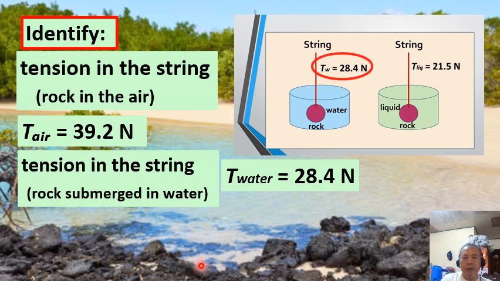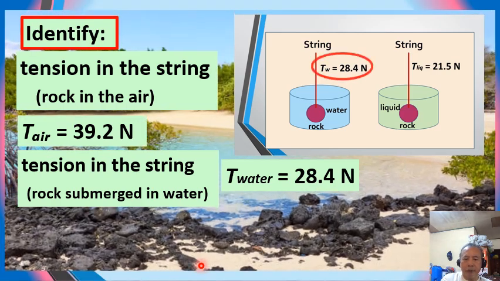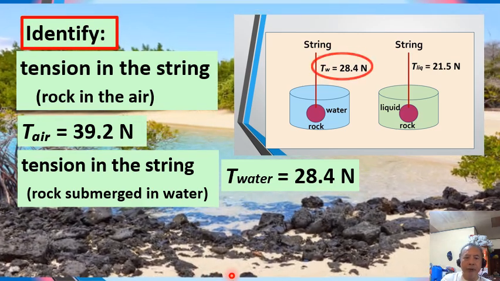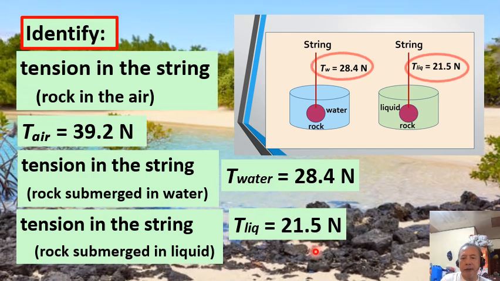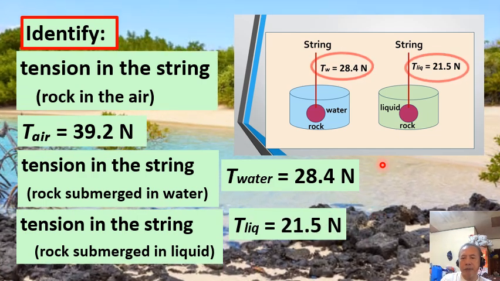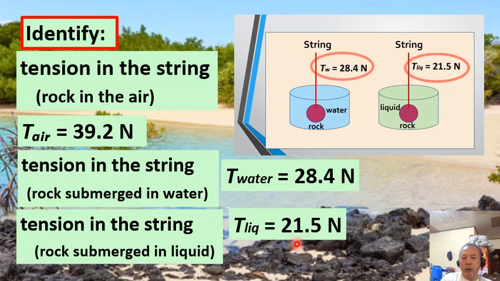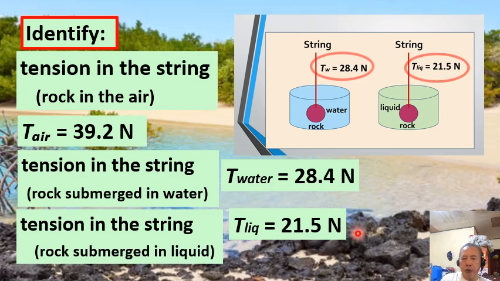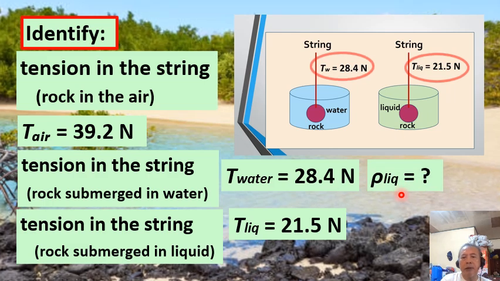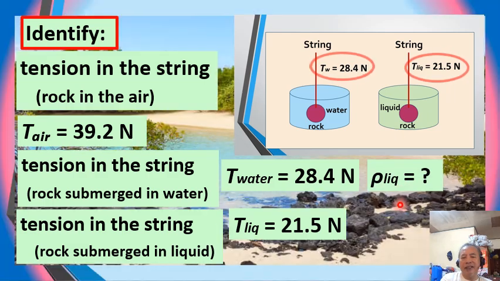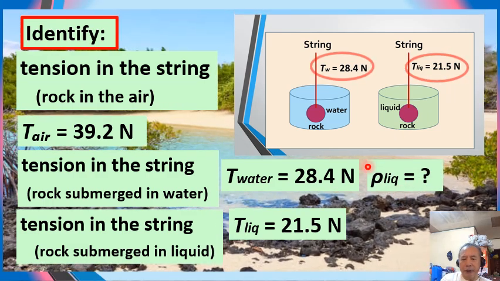And when the same rock is submerged in an unknown liquid, the reading or tension is 21.5 newtons. And our target variable is the density of the unknown liquid.